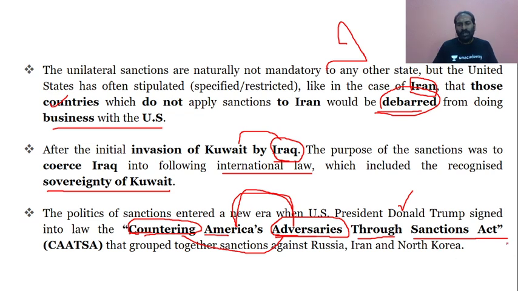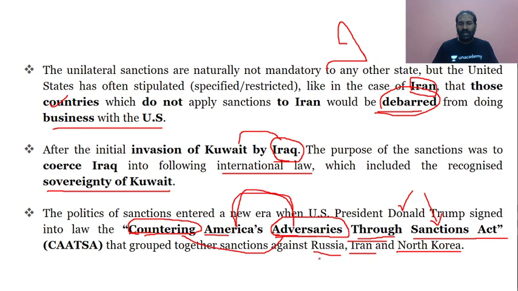So the countries which do not have friendly relations with America would be countered, through imposing economic sanctions. CAATSA recently has been imposed on Russia, Iran and North Korea.